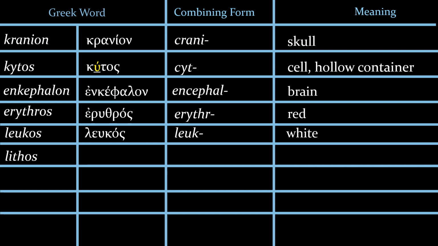Next, we have lithos, one that has also been mentioned before. In Greek, it's just lithos. Lith is your combining form, and this is stone or calculus. Lith, you've probably heard of lithograph, monolithic, Paleolithic, and things like that. So it's related to all of those words.